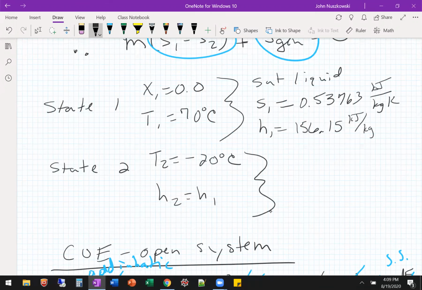Now we have enthalpy at state 2, and we have temperature. If we check the enthalpy, we're going to see that it is greater than the saturated liquid value at -20, but less than the saturated vapor value, so it's a saturated mixture.